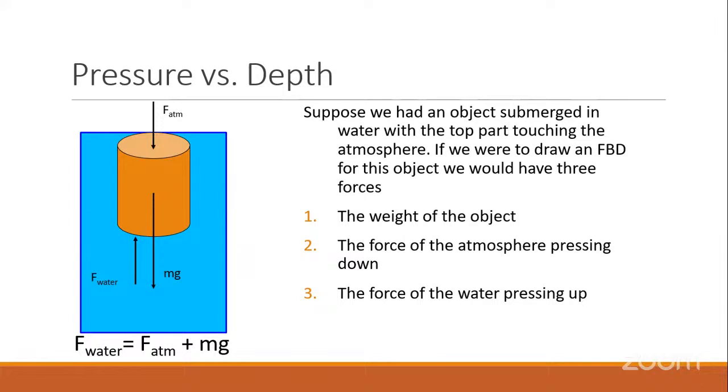So if we apply Newton's first law to that diagram, the sum of the forces acting downward is equal to the sum of the forces acting upward. So the water force is equal to the atmospheric force and the weight force.